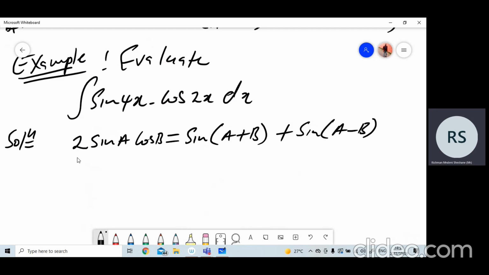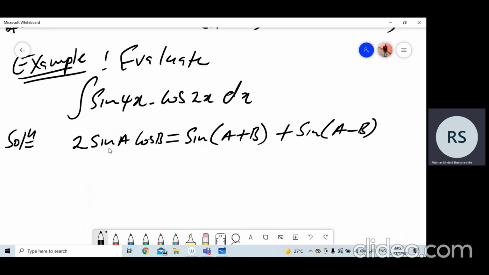Okay, so here we want to integrate sine times cos. I check the formula which has sine and cos, it is this one, and this formula will be given to you. And then you need to choose what is A. You treat the first angle as A and this angle as B and just transform it.